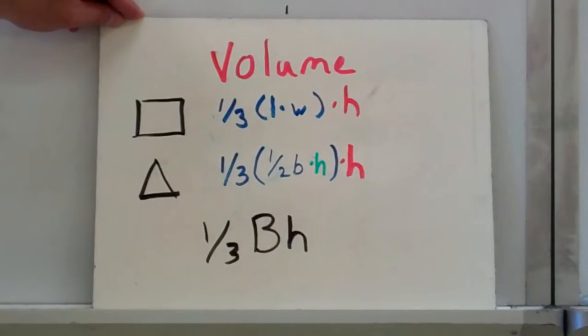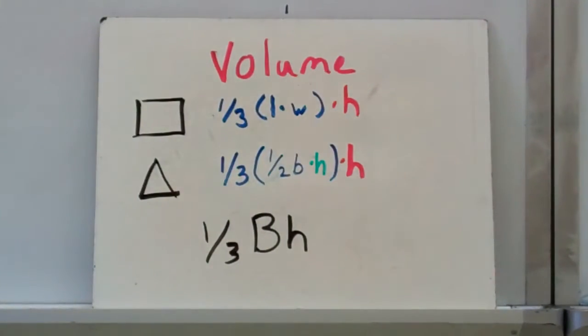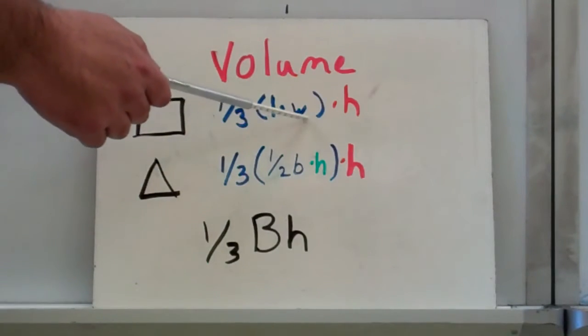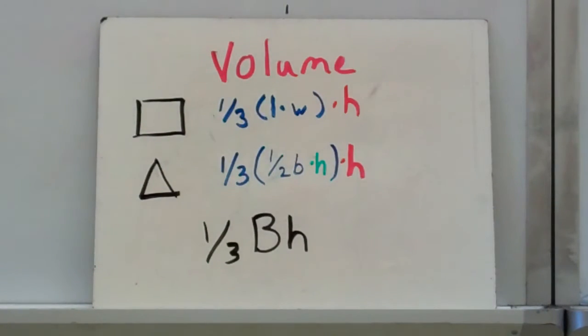Alright, so when we're talking about volume, the formula we use is 1/3 the base of the pyramid times its height. Okay, so for a rectangular pyramid, it would be 1/3 the length times the width times the height of the pyramid.